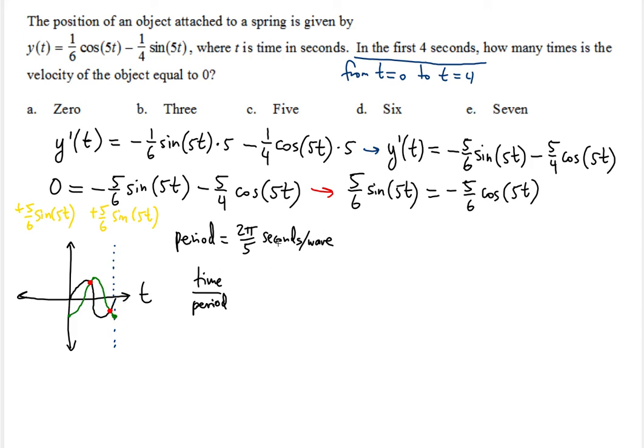So in one wave, there's a certain number of seconds. That's the period. And the period is the same for these two functions. So if you divide time, which is just seconds, divided by the period, which is seconds per wave, look what happens. The wave is going to be the denominator of this denominator, right? And as a result, the seconds cancel out, and the wave comes up. So this is equal to the number of waves.